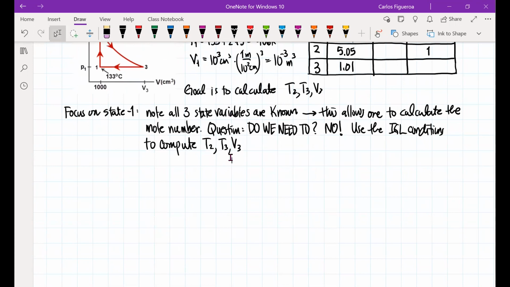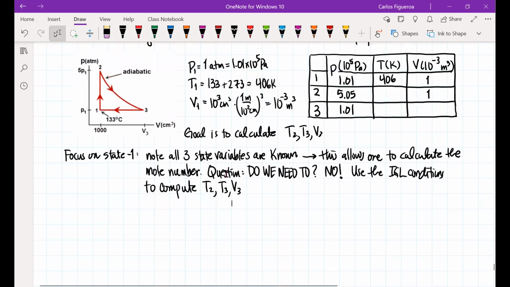The first thing I'm going to do is look at the process between 1 and 2. That's isochoric heating, so the volume is constant. Because I know the pressures and 1 volume, I have 3 out of the 4 variables.